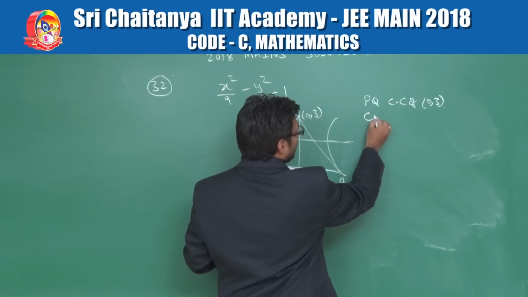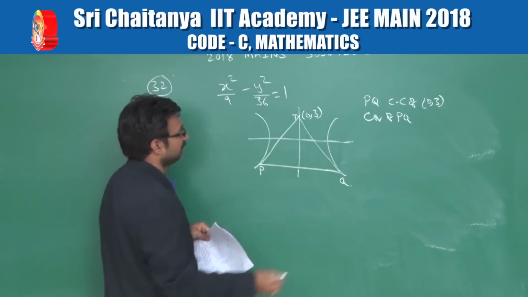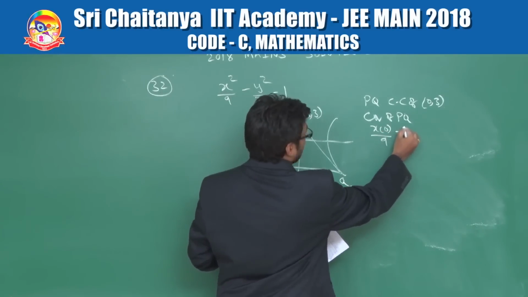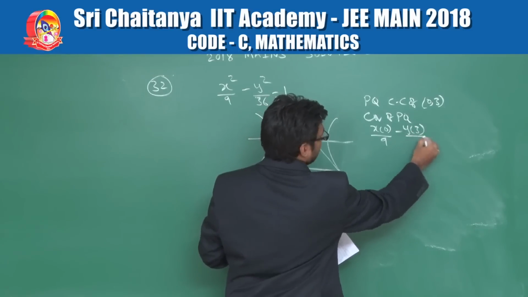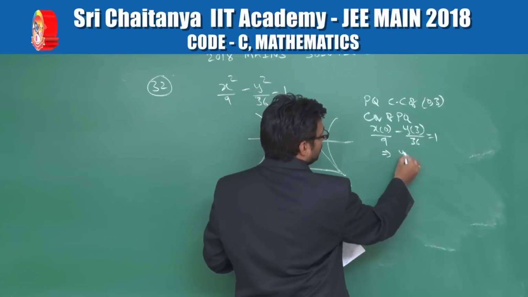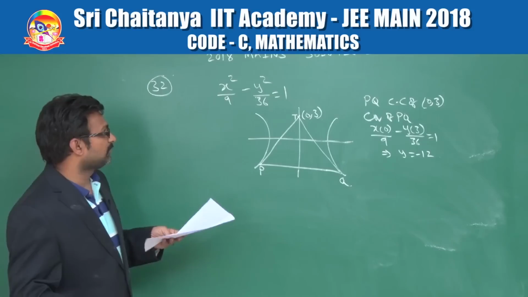Therefore equation of PQ is x into 0 by 9 minus y into 3 by 36 is equal to 1. That implies y is equal to minus 12.